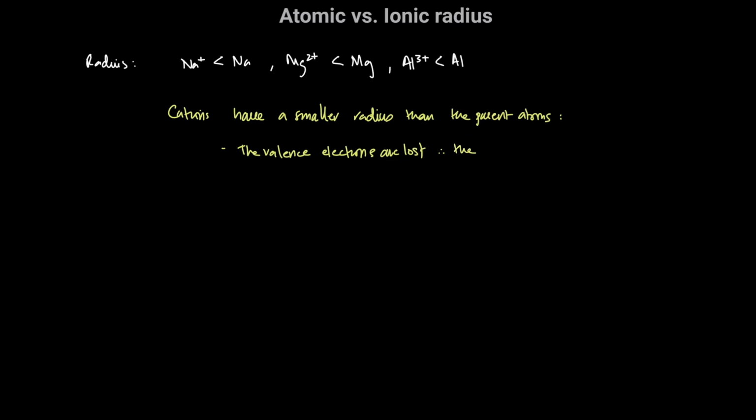So we can say that cations have fewer shells. Now, what this means is that first of all, the ratio of protons to electrons increases.